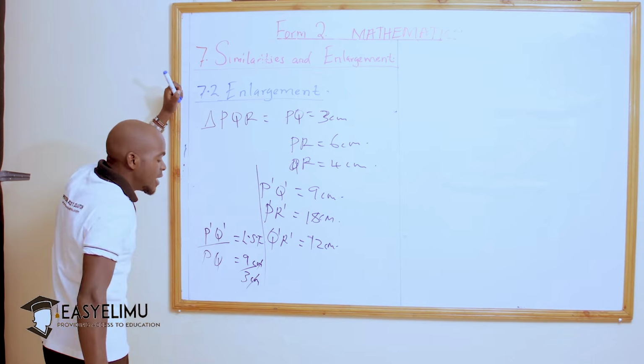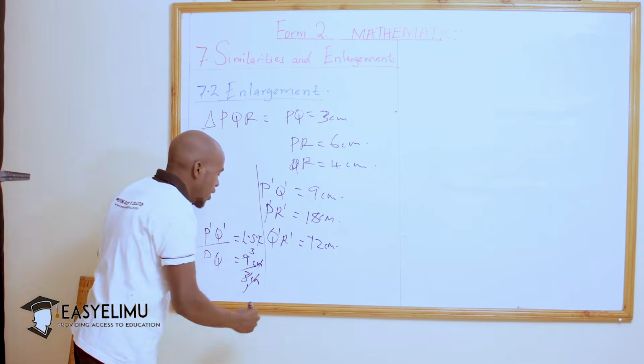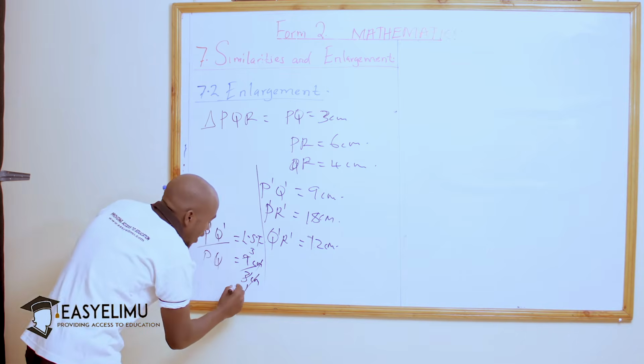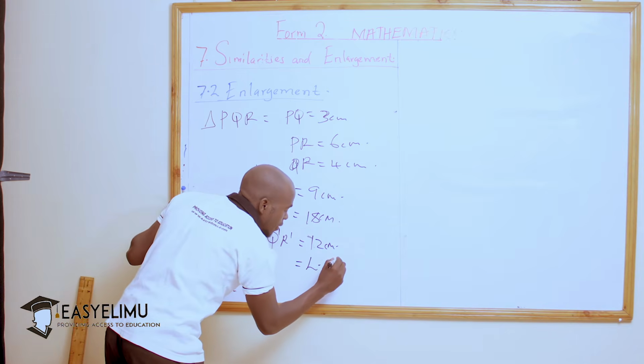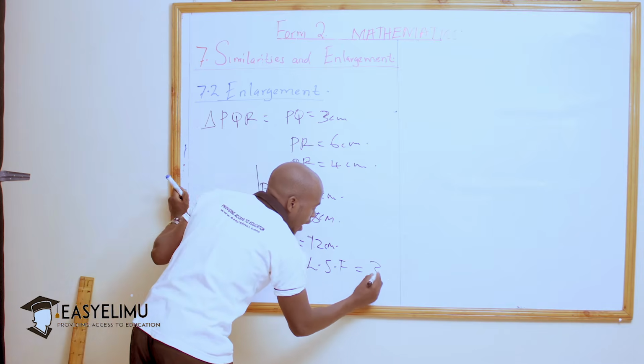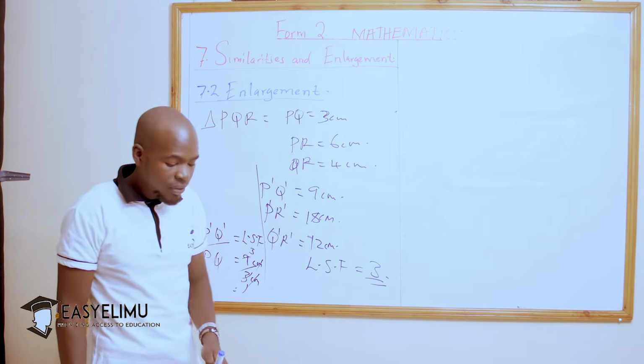If you cancel out the centimeters and divide 9 by 3, you will get 3. So that implies that our linear scale factor is 3. And remember, it has no units. So our linear scale factor is 3.